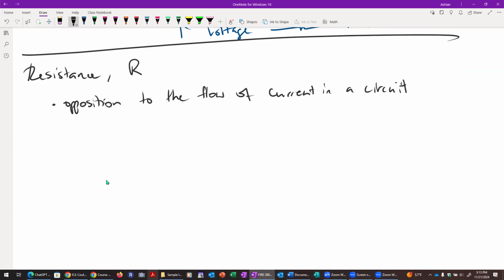The unit that we're going to use for resistance is called an ohm, O-H-M, and it has the symbol that looks like this. That's the symbol omega, and that's what we use for ohms. And we define 1 ohm as being equal to 1 volt per ampere.